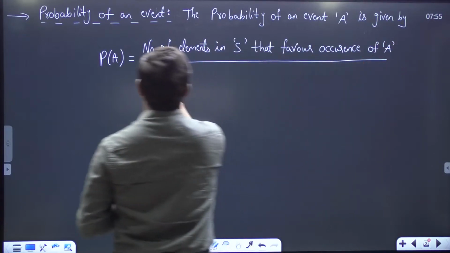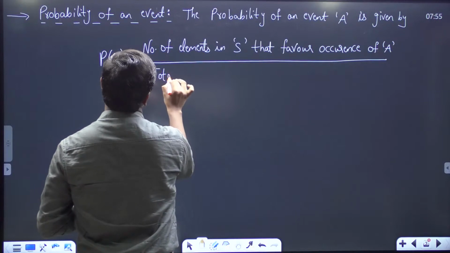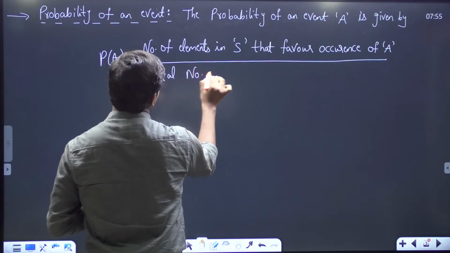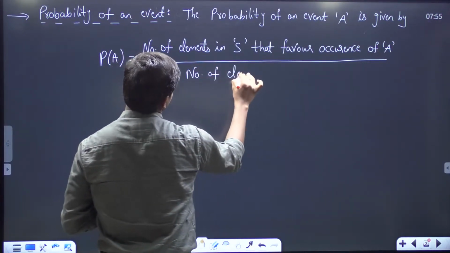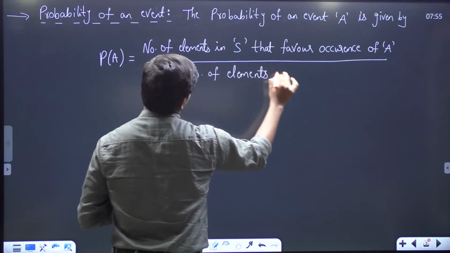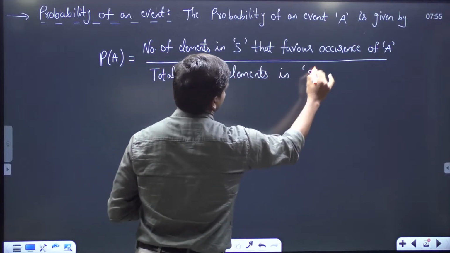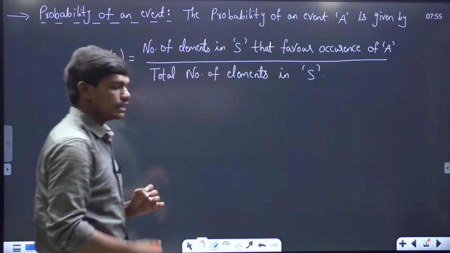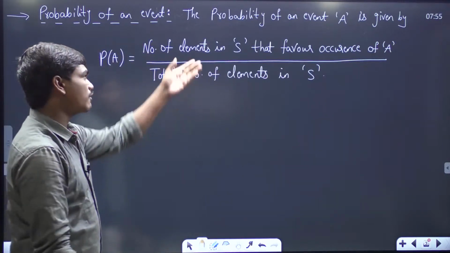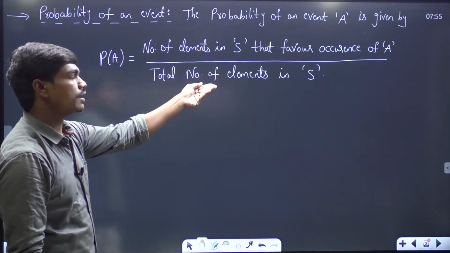divided by the total number of elements in S, which is the sample space. So, divided by total outcomes. So favorable outcomes divided by the total number of outcomes.